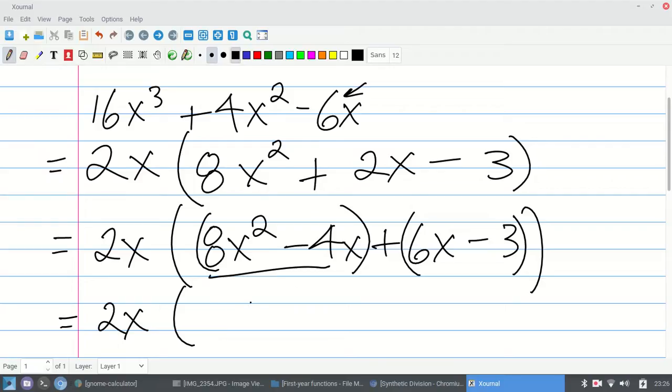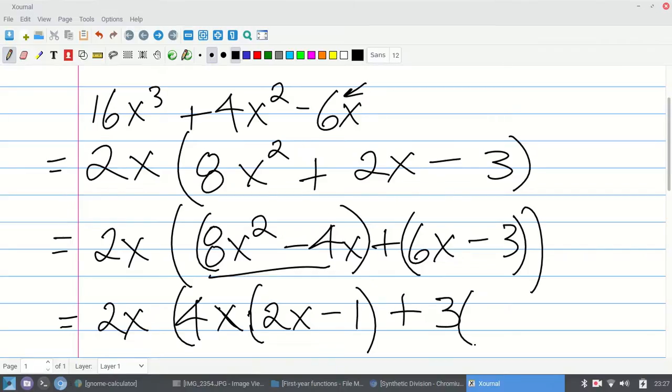And out of this guy, I can factor out 2x. No, I can factor out 4x, right? So I end up getting 2x minus 1, right? Out of this guy, I can factor out 3, and I end up getting 2x minus 1.